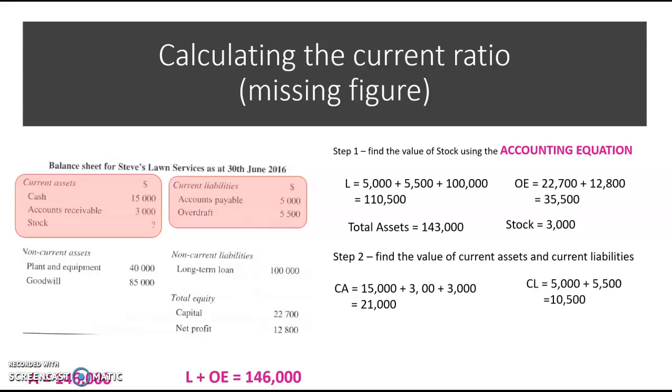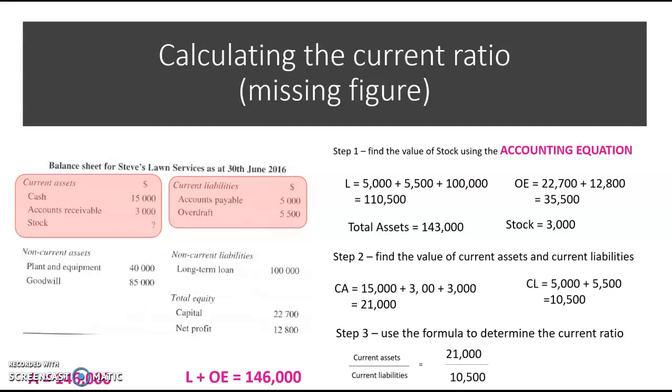In our current liabilities, which we already had to begin with, we've got $5,000 in accounts payable and another $5,500 in an overdraft, giving us $10,500. Step 3, we just put it in the formula. Current assets over current liabilities, which is going to be $21,000 over $10,500, giving us a current ratio of 2:1, or $2 of current assets for every dollar of current liabilities.